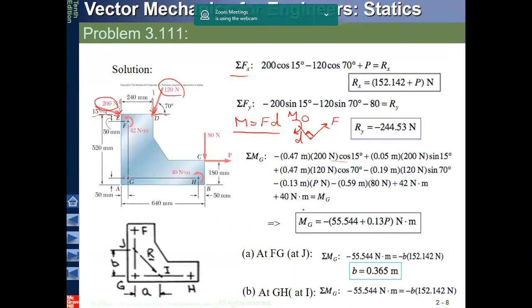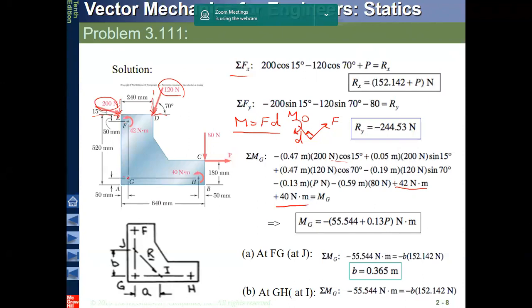Okay, this is what you get for mg, and of course you have two couples at the end. So we have a question. No, I get to that point.